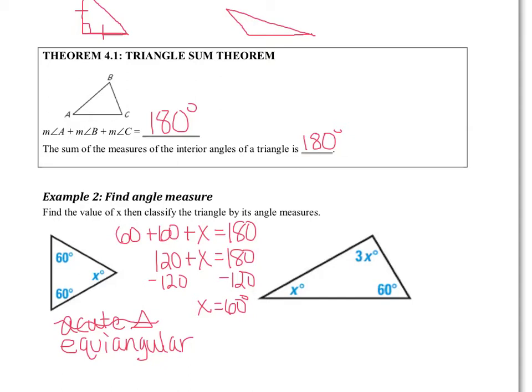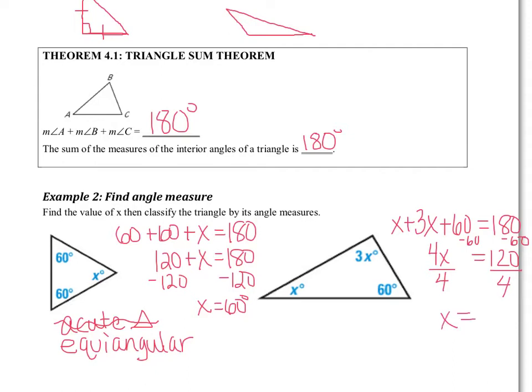So for this other triangle, I can say x plus 3x plus 60 equals 180. X plus 3x, well that's 4x, and if I subtract that 60 from both sides, I have 4x equals 120. Divide both sides by 4, and x equals 30 degrees.